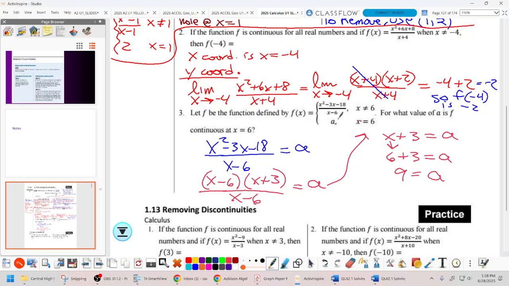I'm going to ask you to rate yourself. 1 is I'm clueless, to 5, I get this, come let me teach you. Section 1.12, the stuff we just did a little bit ago, where we found what intervals the function was continuous on. To me, that was the biggest idea from that section. So question 5, I think it was on there, if you need to look back.